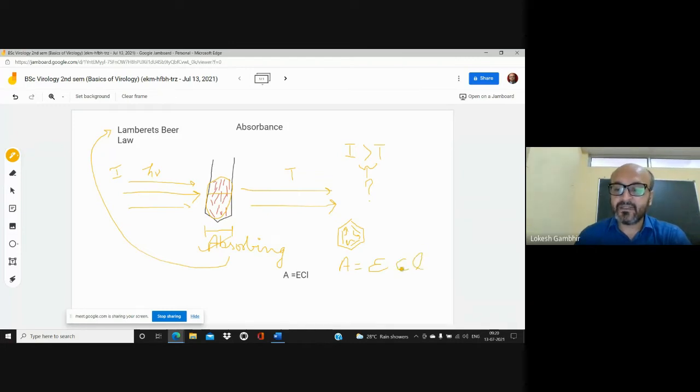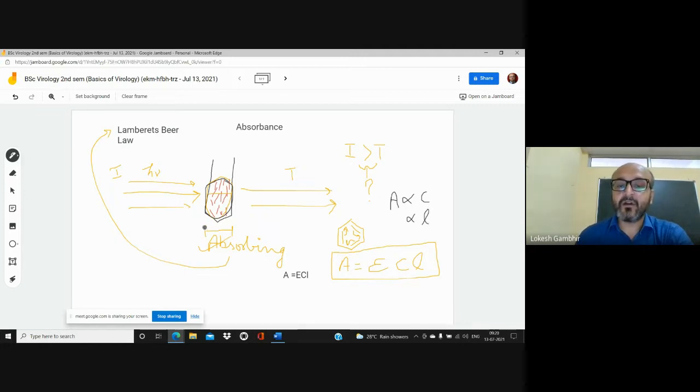Now, they didn't give this particular equation. In the original form, what Lambert and Beer said is that absorbance is directly proportional to the concentration of the analyte, that means the concentration of the solution present in the tube, and also directly proportional to the path length. What is path length?